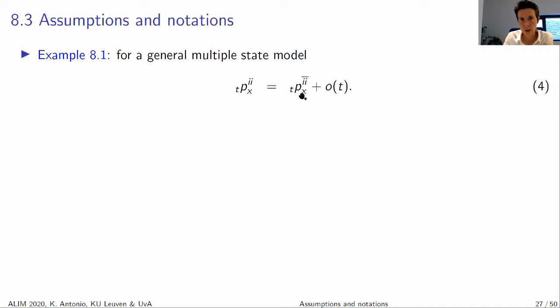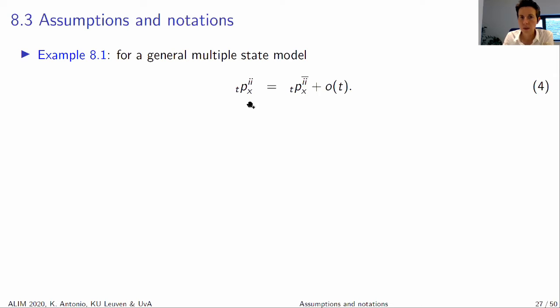So in this case, I'm referring to the probability that somebody who starts in state i at age x at time 0 will still be in state i at age x plus t. This is what we call the sojourn probability. This is the probability of staying.